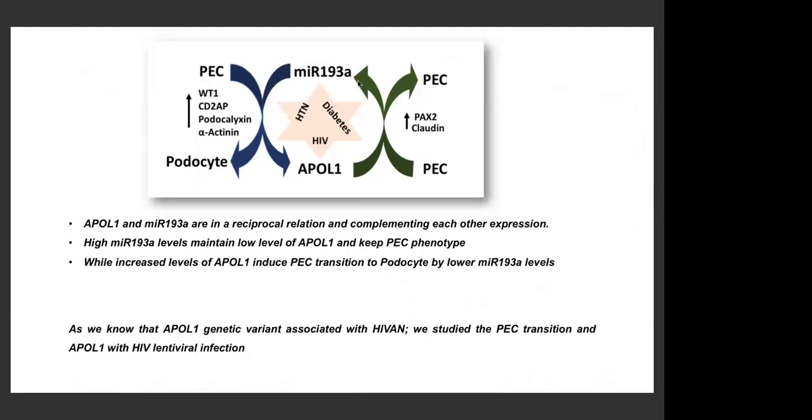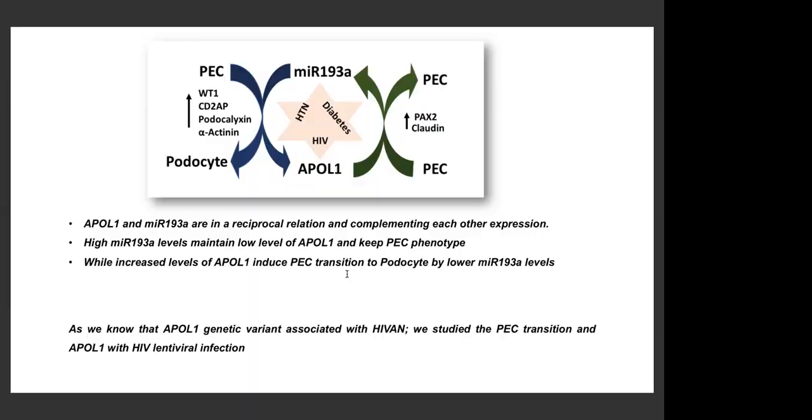So by this work, we can say that the microRNA and APOL1 are in very close proximity with each other. If we decrease the microRNA, there is an increase in the APOL1, and there is an increase in the conversion of parietal epithelial cells into the podocytes. On the other hand, if the APOL1 goes down and there is an increase in the microRNA 193a, there is a more favorable condition for the parietal epithelial cells.